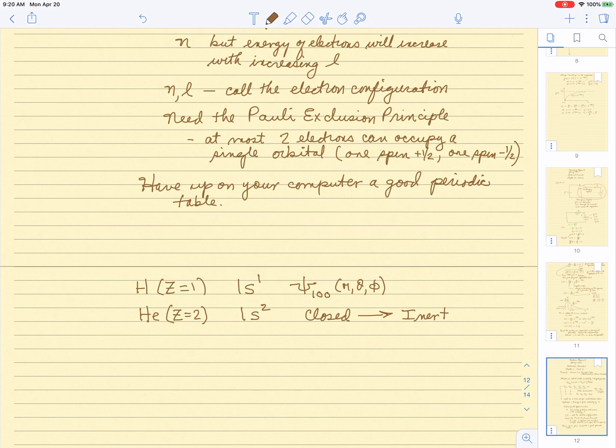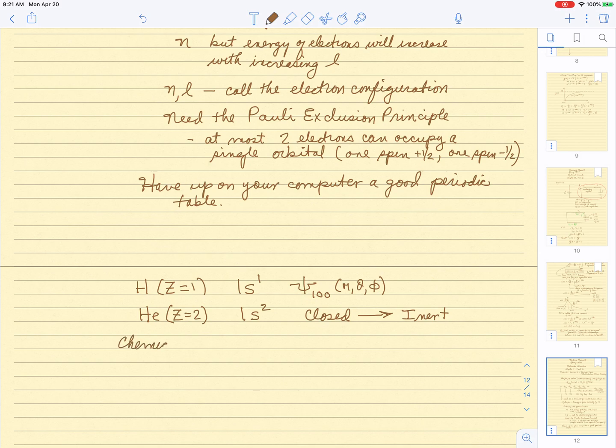So chemical properties are going to be not totally, but primarily, predominantly determined by the outermost electrons, the ones that are least tightly bound. And we call those valence electrons. So we'll write that down.